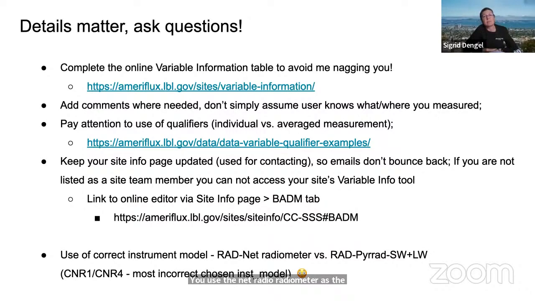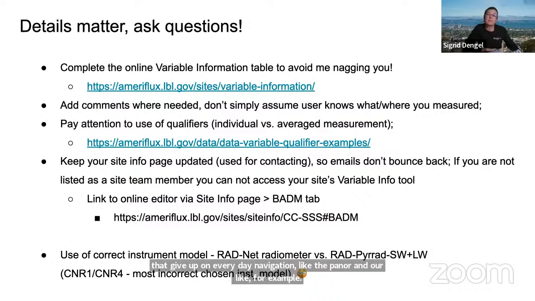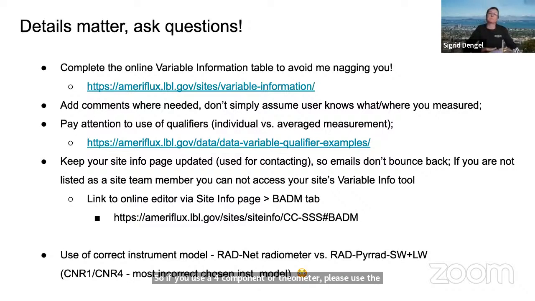This one is solely reserved for the simple radiometers that give out only net radiation, like the NR Lite, for example. So if you use a 4-component radiometer, please use the pyranometer combo in this case. So Tomer, you have homework to do in this.